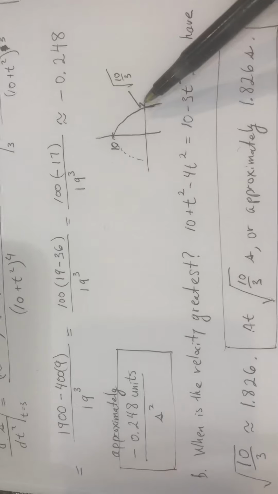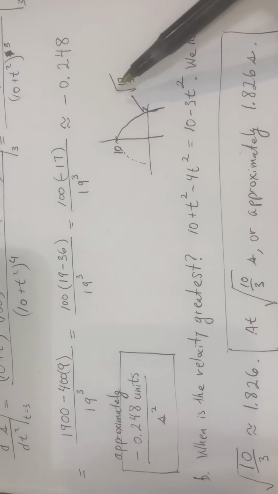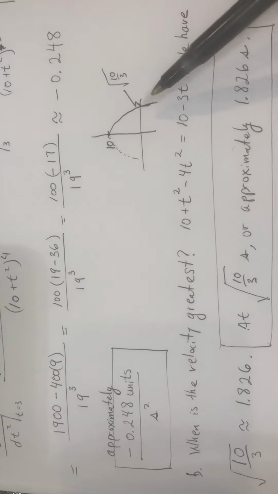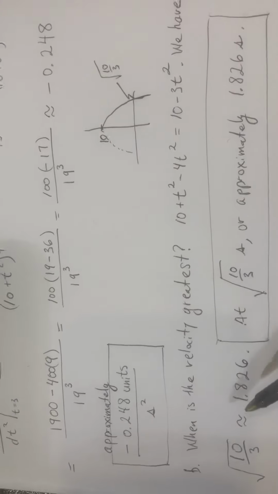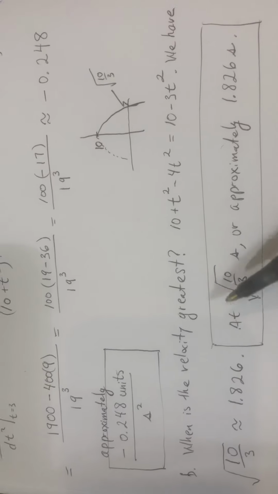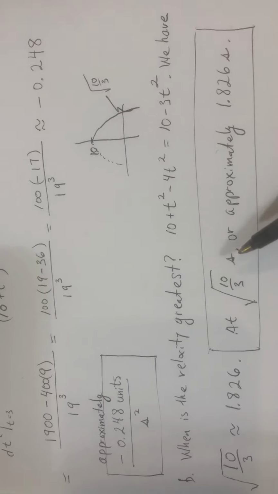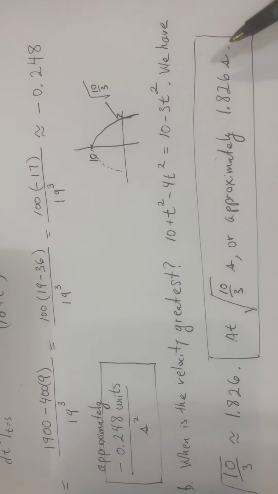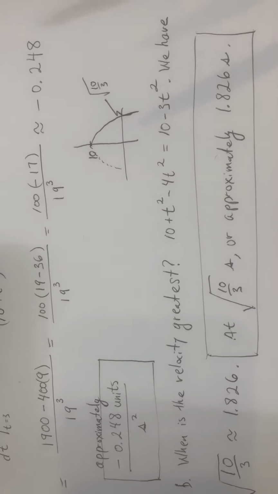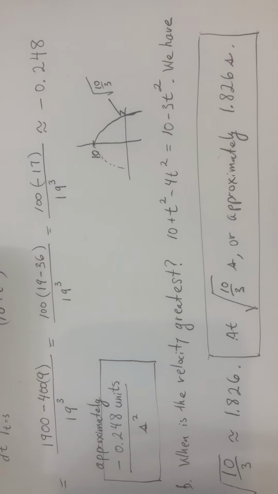So at time equals root 10 over 3, velocity is at a maximum, so we're done. Root 10 over 3 is approximately 1.826. So the answer is root 10 over 3 seconds, or approximately 1.826 seconds. All right, I'll see you in another video.